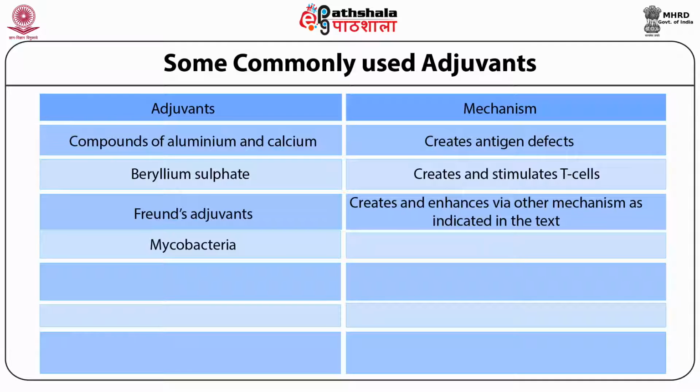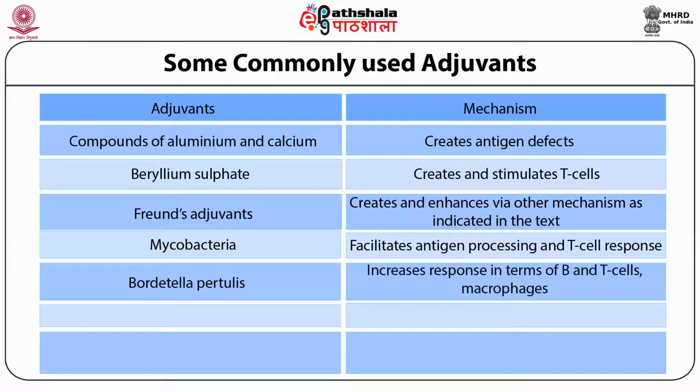Mycobacteria, when used as an adjuvant, facilitate antigen processing and T cell response. Bordetella pertussis is also used as an adjuvant, and it increases response in terms of B and T cells as well as in terms of the macrophages. Bacterial lipopolysaccharides, when used as an adjuvant, increase B cell activity.